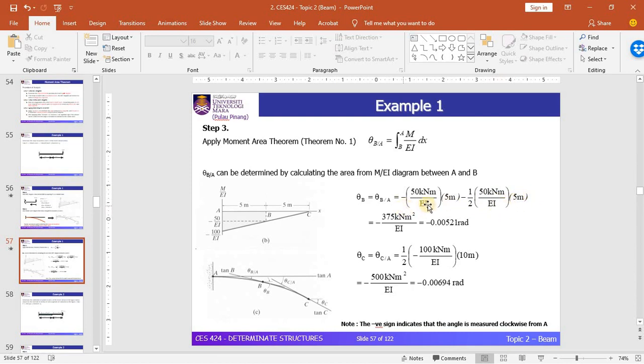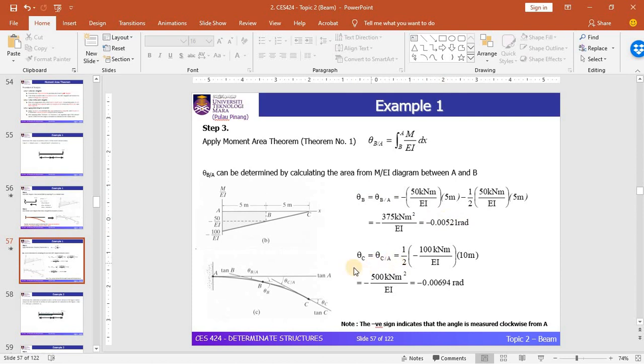Simplifying this and substituting the value of flexural rigidity, the EI value, you will get that theta BA is equal to negative 0.00521 radian. So we have defined that theta BA is equal to theta B, the angle at point B.